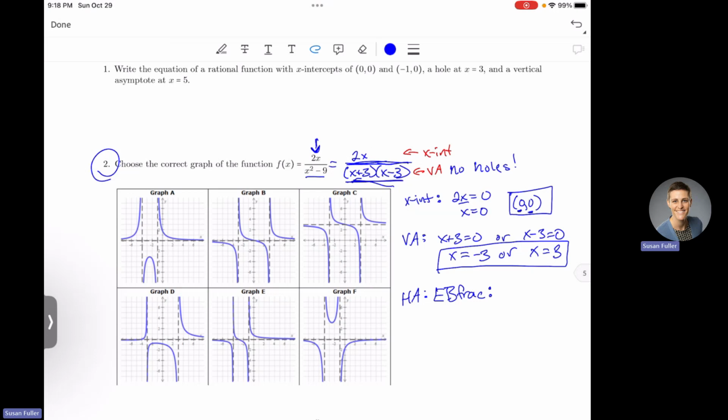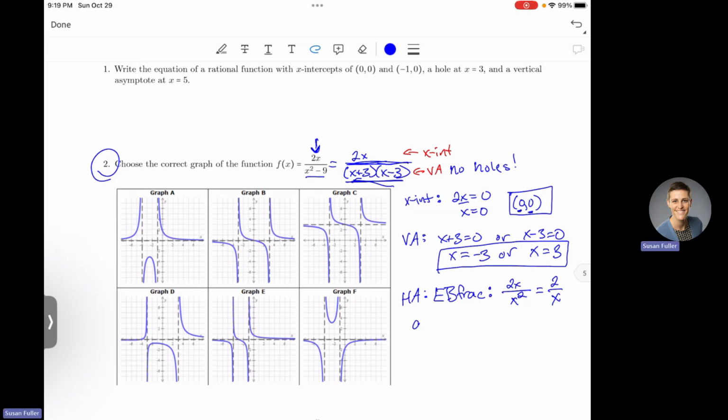We can see what our leading term on the bottom would be a little bit easier there. So we're going to take the leading term on top, which is 2x, and the leading term on the bottom, which is x². We simplify this, and I get 2 over x. 1x cancels 1x on the bottom.